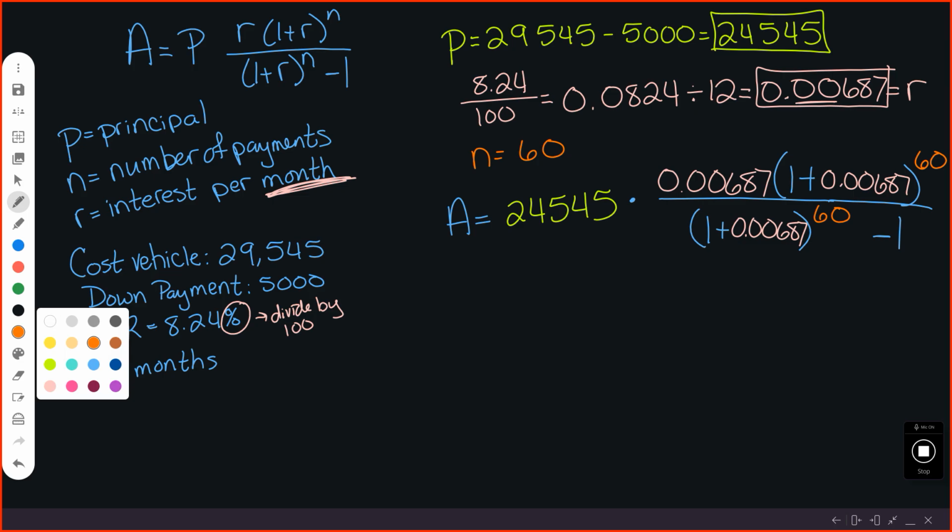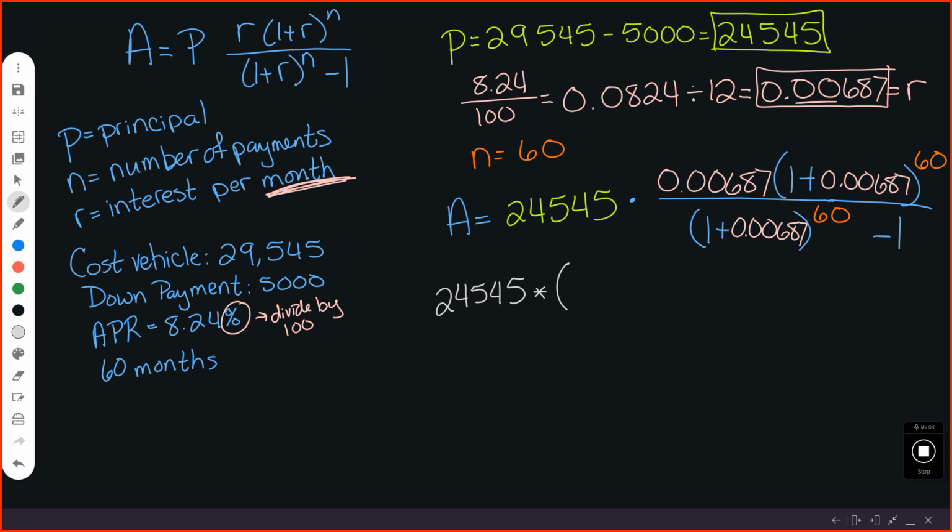So if I'm putting this into my scientific calculator, I'm typing in 24545 times parentheses 0.00687, and then another opening parenthesis 1 plus 0.00687, close that parenthesis, use the caret, and then the 60.